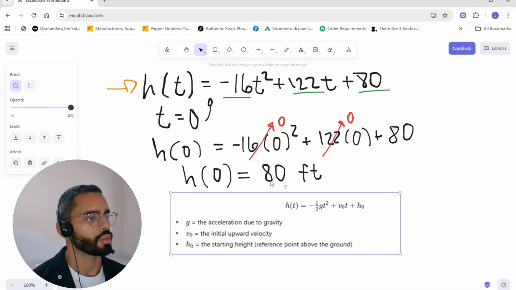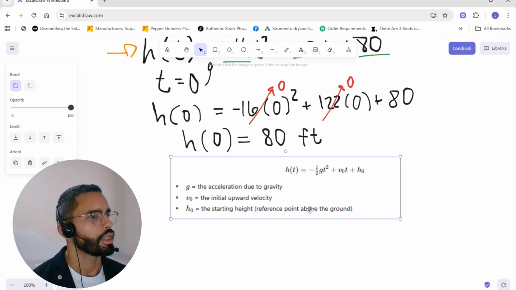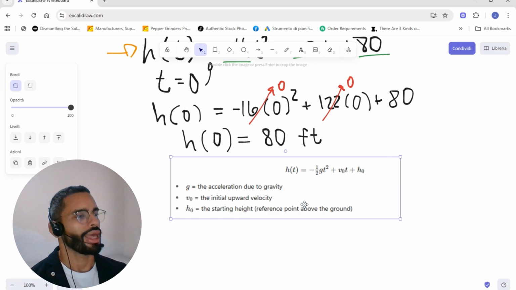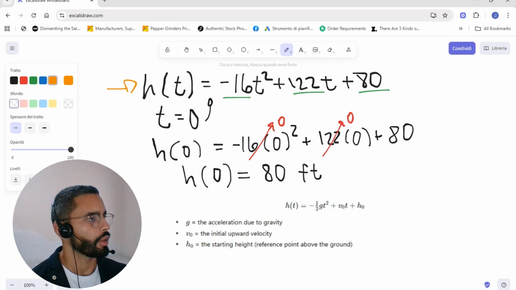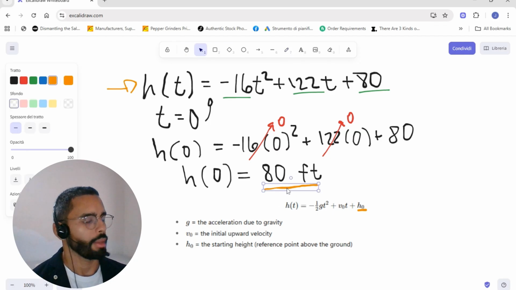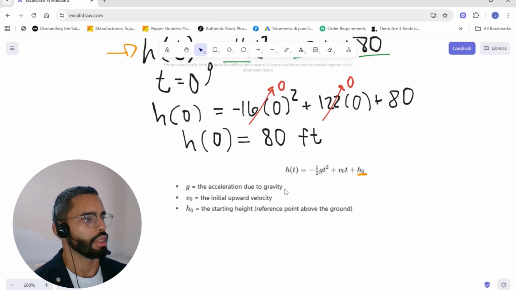This equation is widely used in physics to understand the height of an object with respect to time. And notice h 0 here is the starting height, as we discussed earlier. It's the 80 feet that we found for when the time is 0, so at the very beginning.